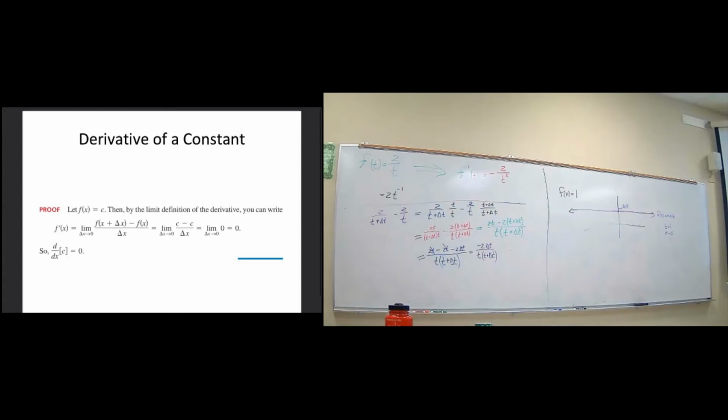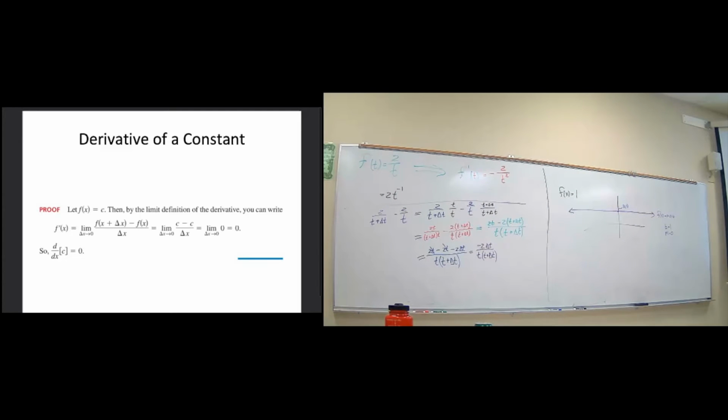Setting our function equal to some arbitrary constant c, let's apply the limit definition of the derivative. At x plus delta x, our function is still going to be c, right? It's a constant. At x, our function is still going to be c. It's a constant. So this evaluates out to be c, and this evaluates out to be c. So we have c minus c. Delta x stays delta x.